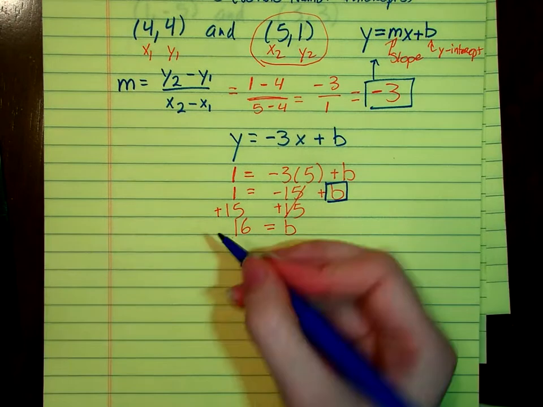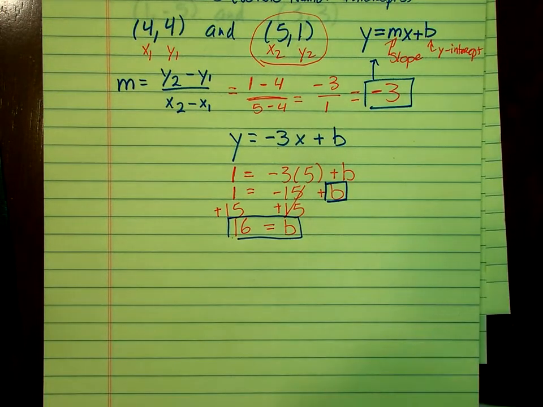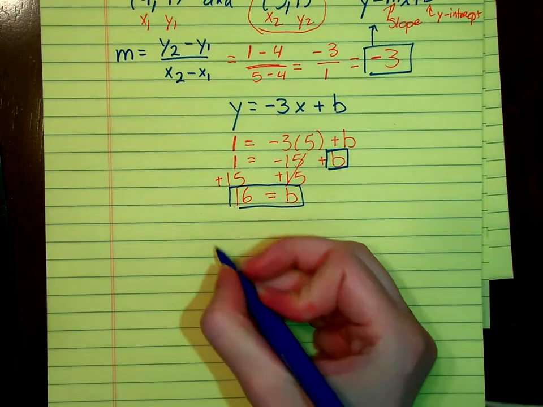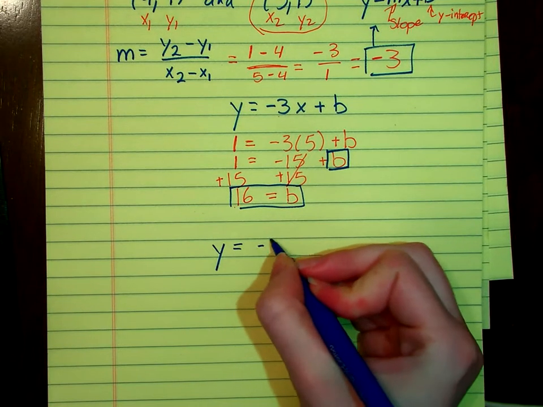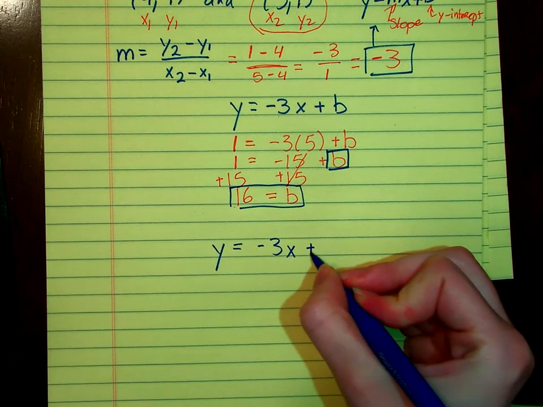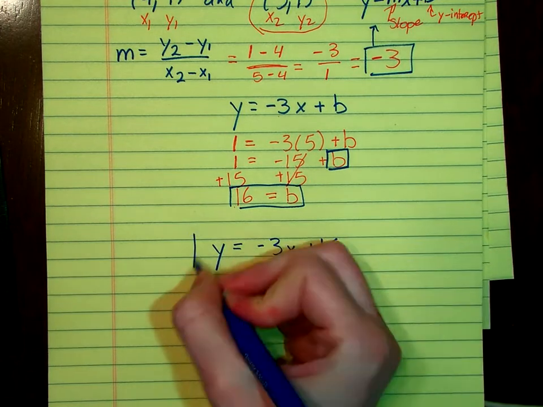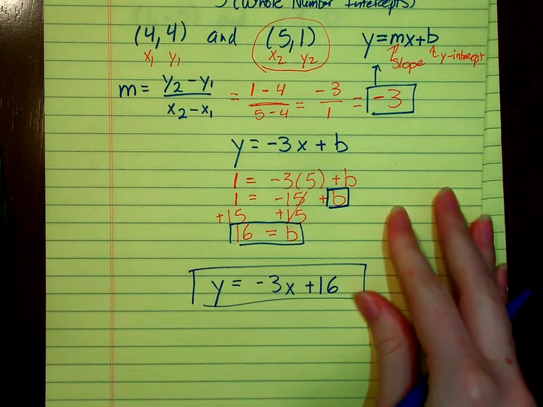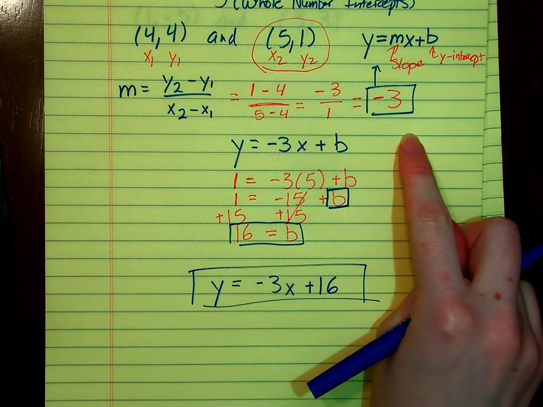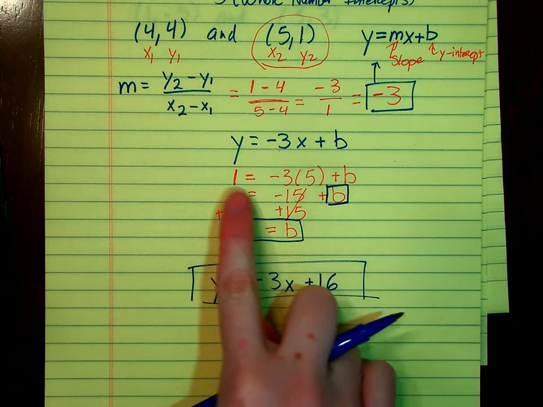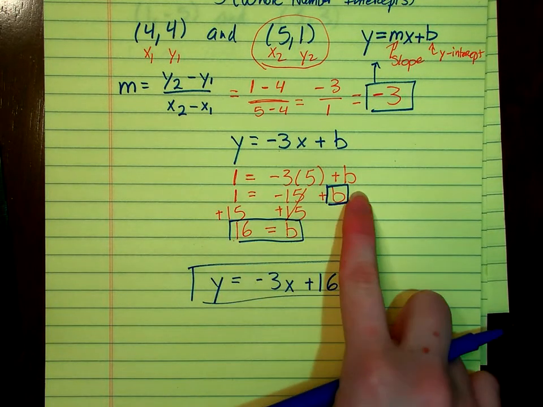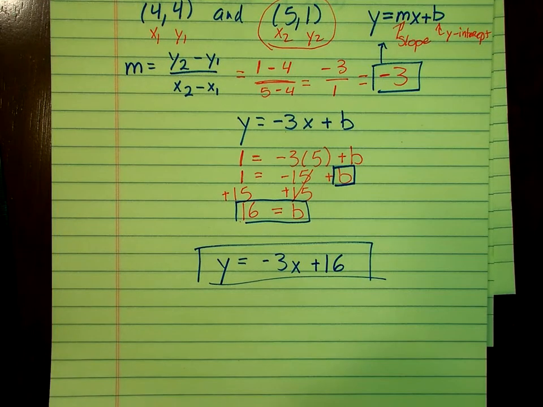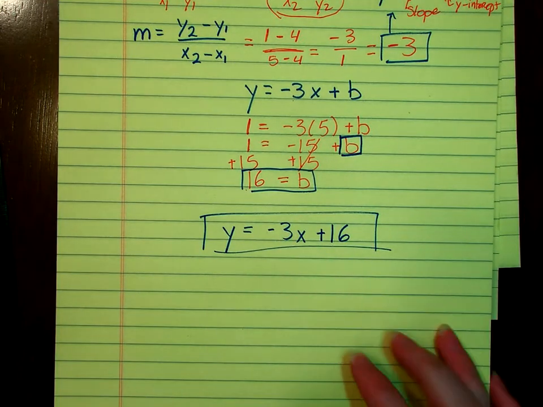That's the other piece of my puzzle. So what's my final equation? y equals -3x plus 16. How do we get that? We plugged into our formula to find our slope. We plugged in some points in order to solve for b, and then we rewrote with all of our information.